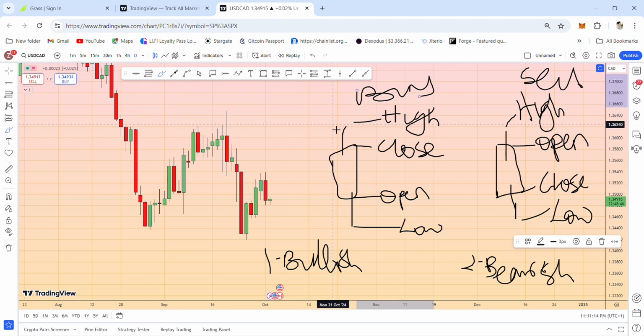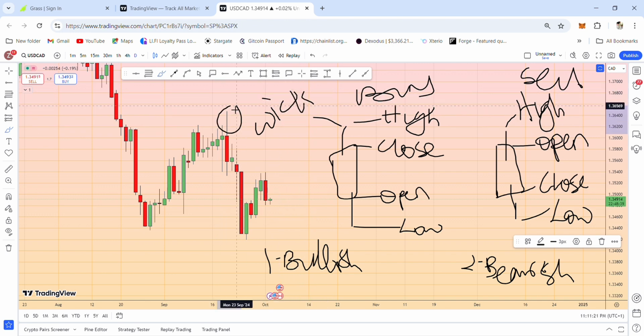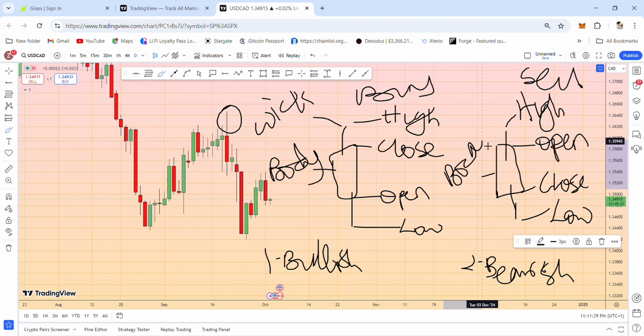We said the highs are called the wicks. Look at them, this tiny stuff above the candle, while from the open to the close is the body of the candle. The ideal picture is in the PDF, so just go through it. I want to make this video as short as possible. So this is the body, and the highs and the lows are the wicks of the candle.